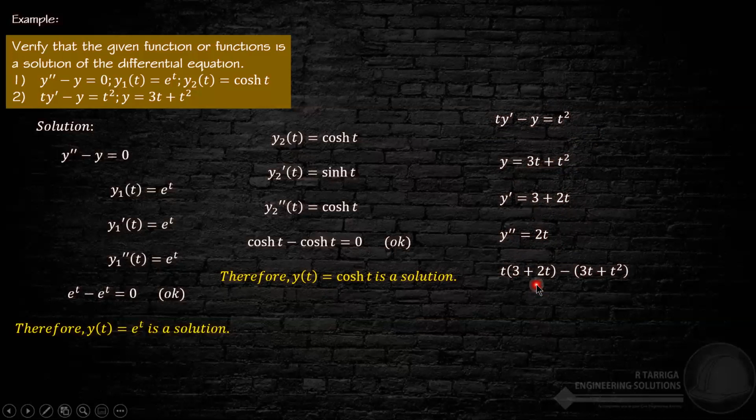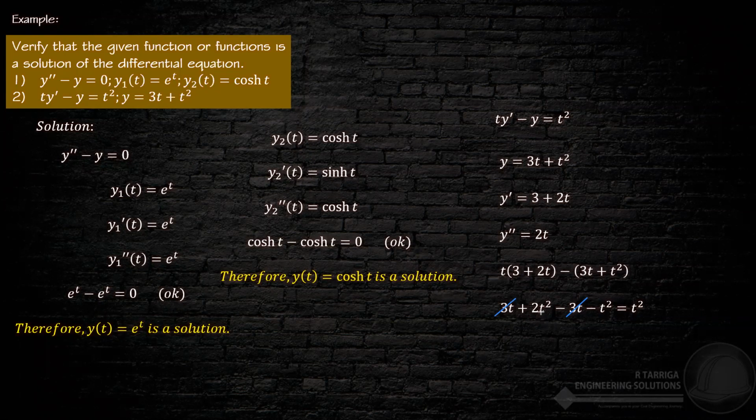If you simplify that, distributing the t, it will be 3t plus 2t squared minus 3t minus t squared. As you can see, 3t cancels because they have the same variable and opposite signs. Then 2t squared minus t squared is t squared.